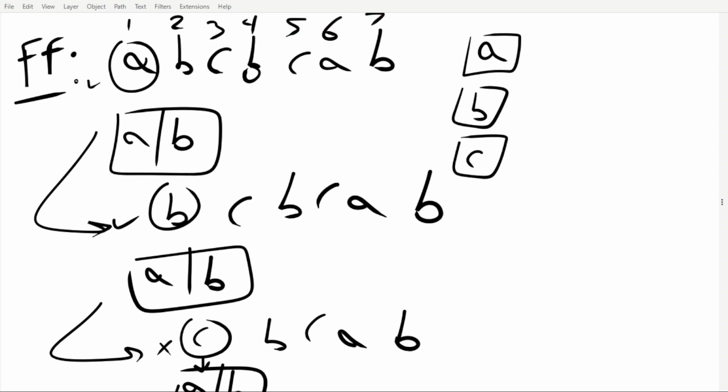So we'll record this. Each time we get a letter, we add its position in the linked list, scanning from left to right. So starting with A, the first occurrence of A is 1. Store it like this. Next is B, position is 2. Next we have C, its position is 3.